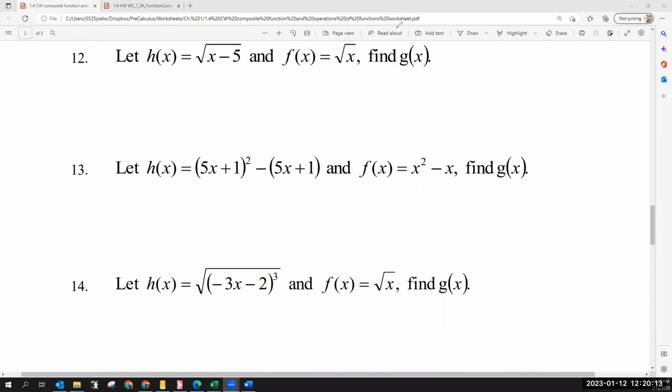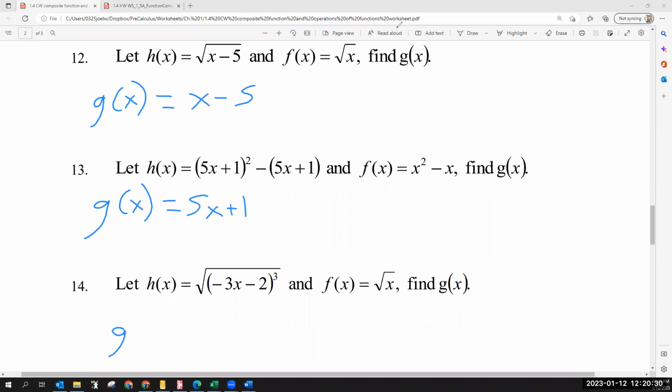All right, we get a chance to finish those? Awesome. So number 12, what is g of x? 13. And number 14.